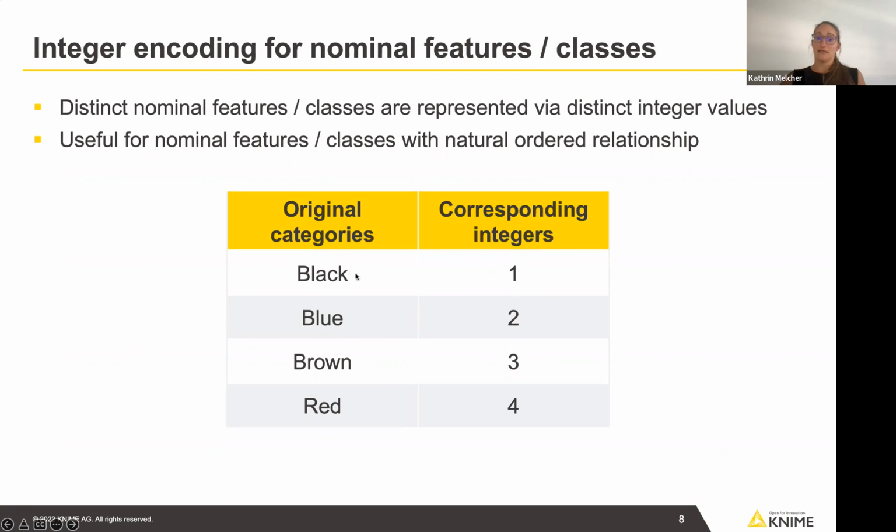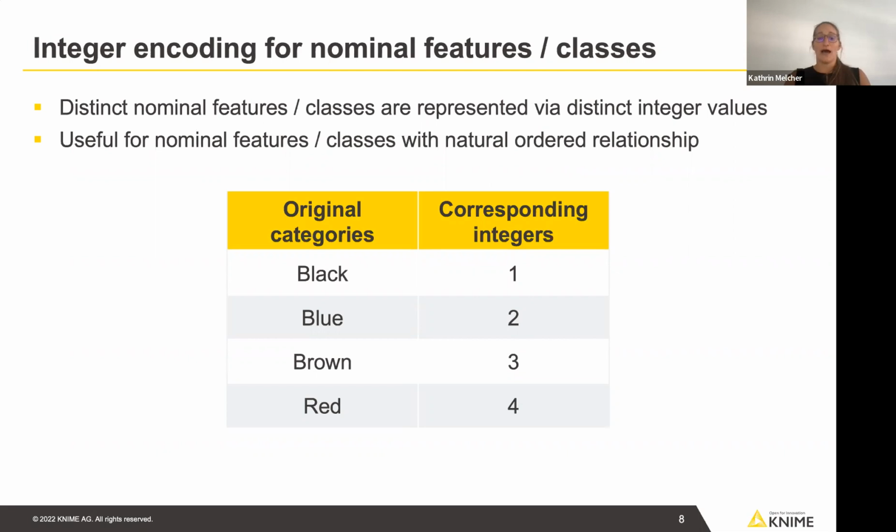But on the other hand, the distance between black and red, which are encoded as 1 and 4, would be 3. So we would tell our network that black and blue are closer to each other than black and red. And with notes, we could think about an order of notes which are lower or higher, but I didn't really want to do so.